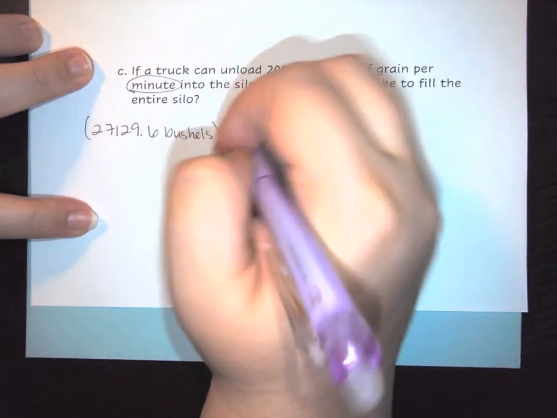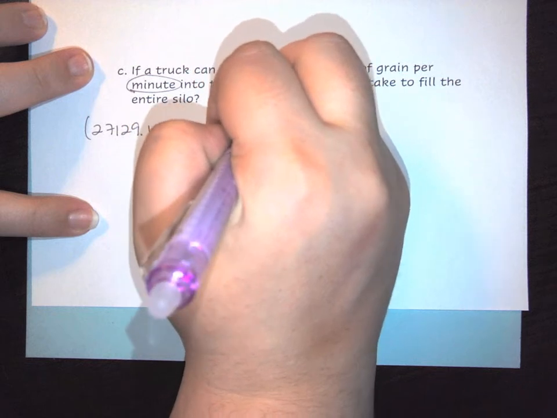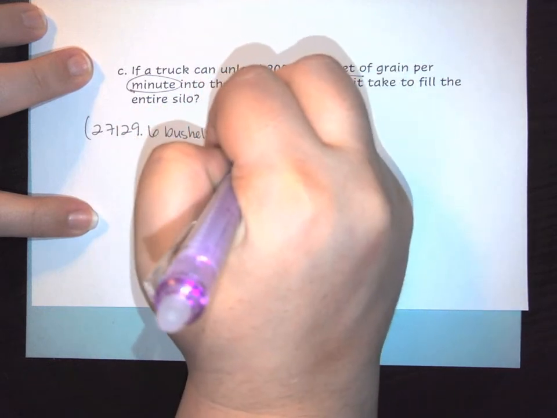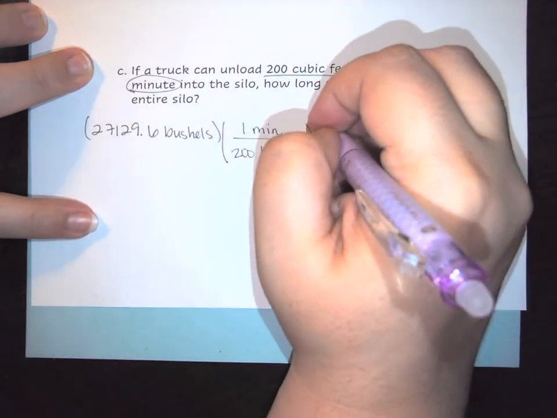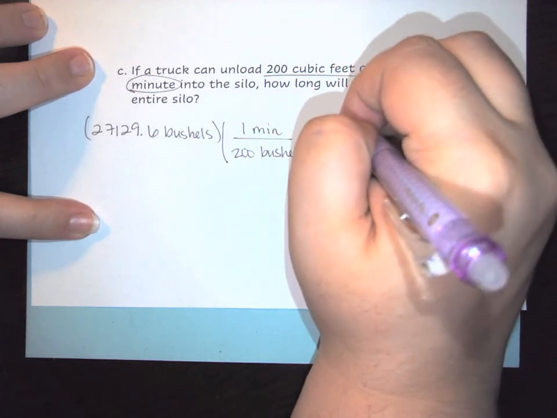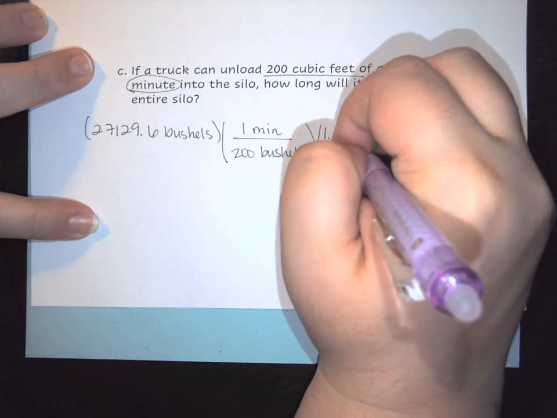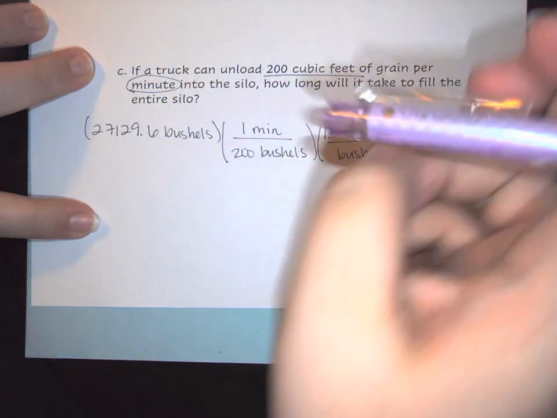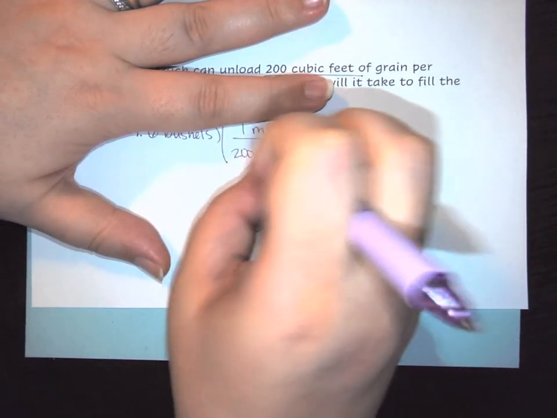We need to multiply that by 1 minute per 200 bushels. And then we're going to multiply that by 1.25 feet cubed per bushel. Sorry, this is 200 feet cubed.